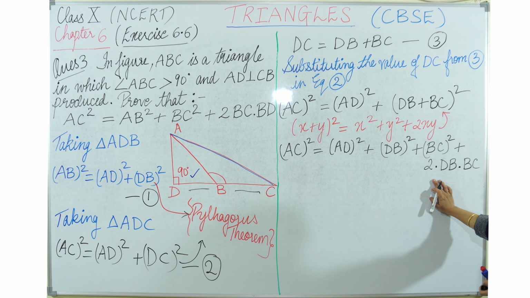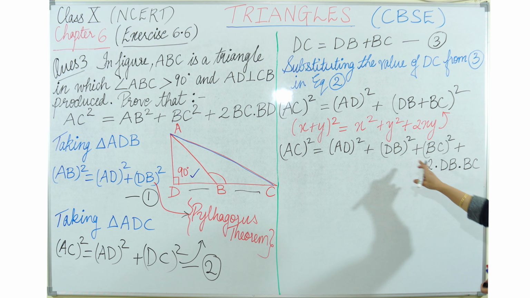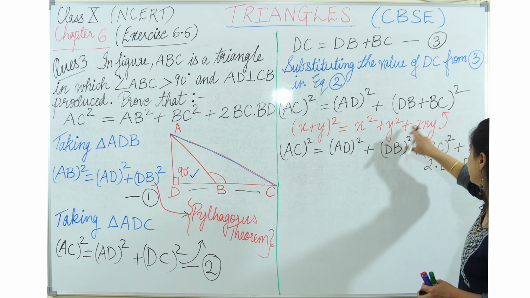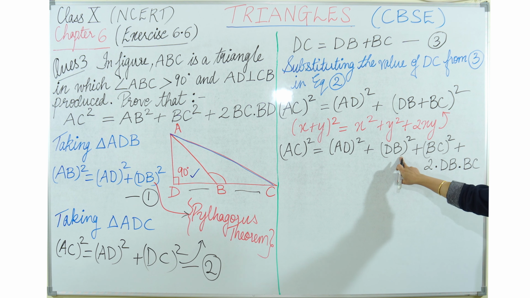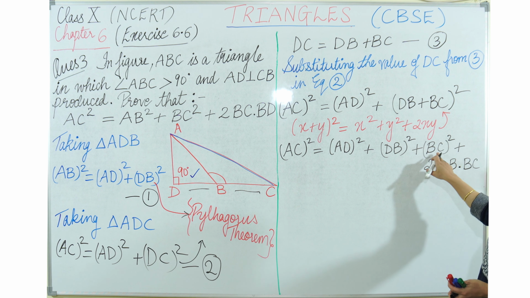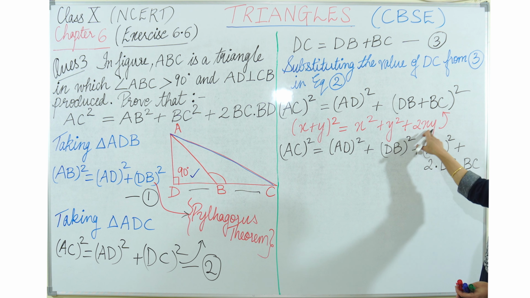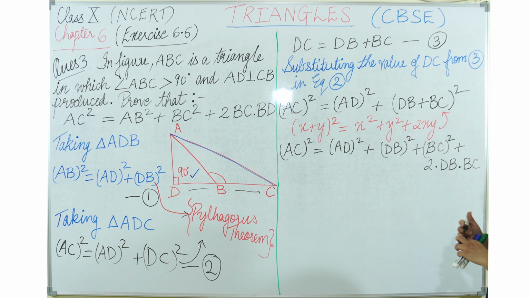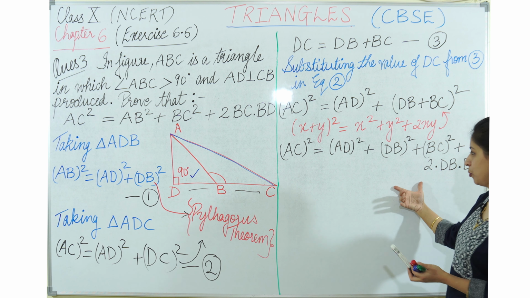Let us suppose DB is x and BC is y. So x square is DB square, y square is BC square, and 2xy is 2 into DB into BC. So here we are getting this expression.